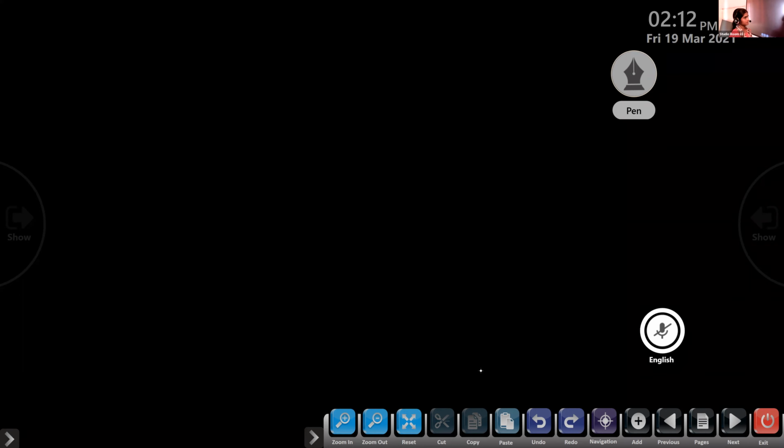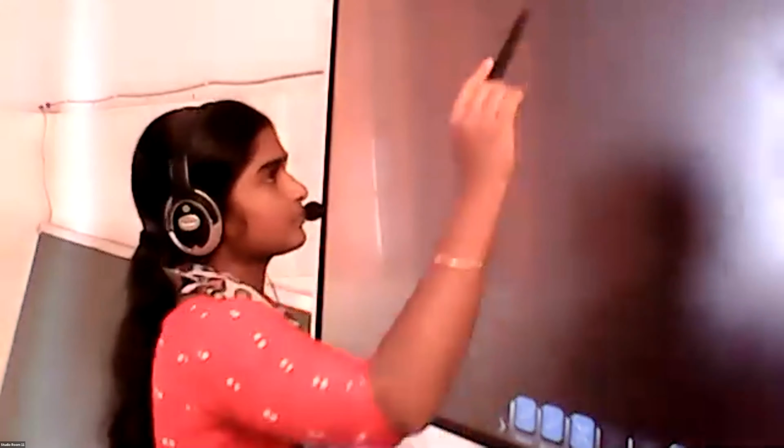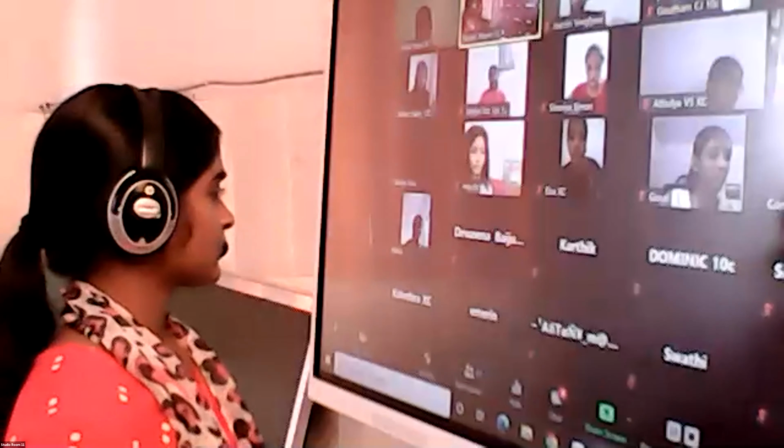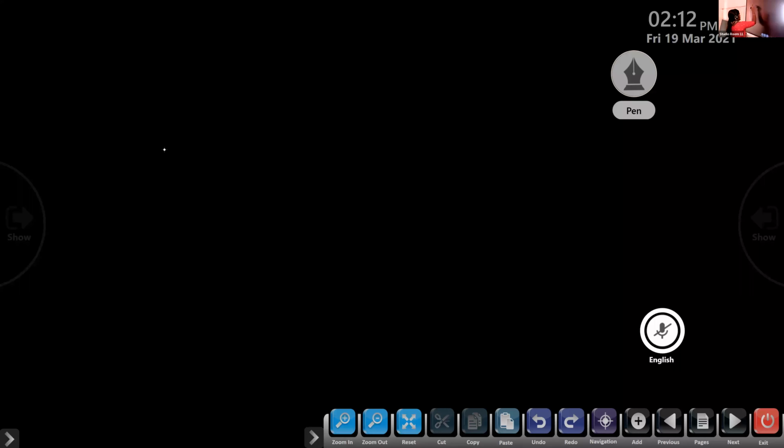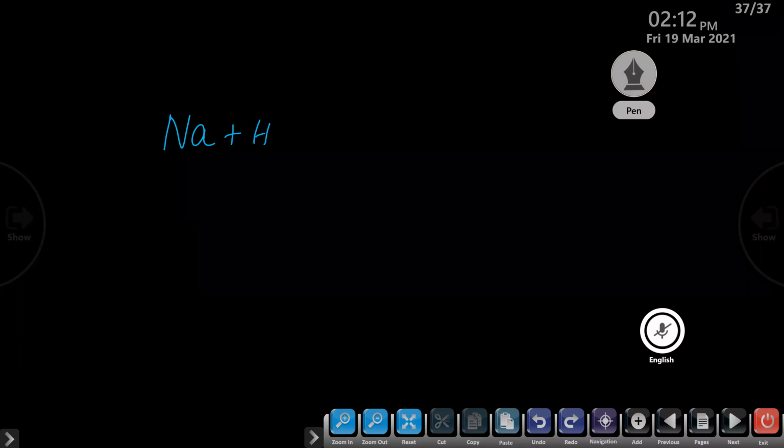Page number 6. Sodium plus water gives sodium hydroxide plus hydrogen. Okay, sodium plus water. What's the symbol of sodium? Na. Na plus H2O. Sodium plus water gives.